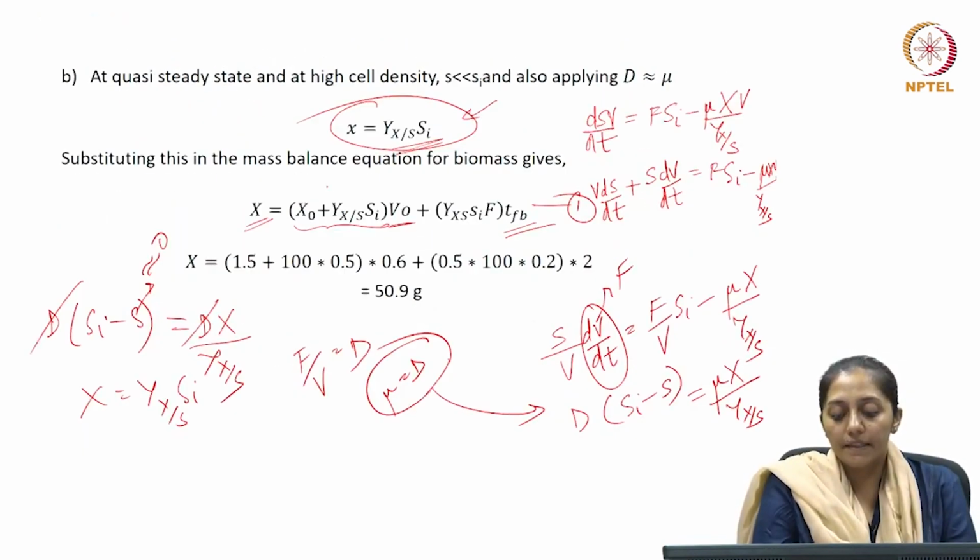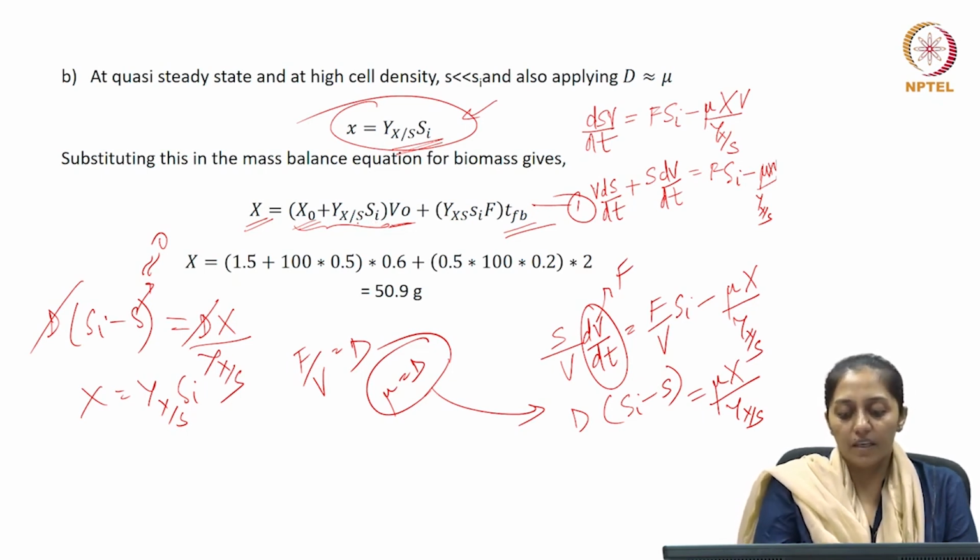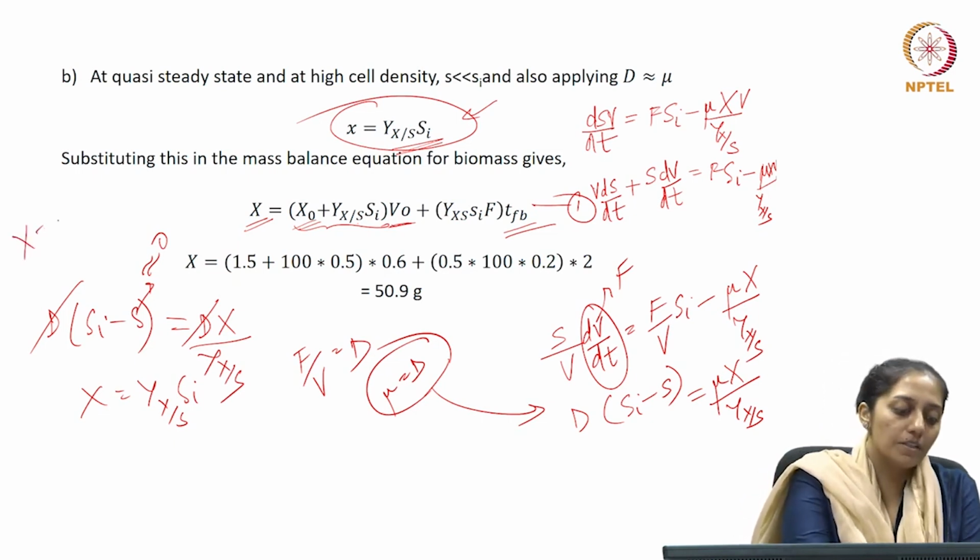So, we can determine in this batch how much biomass will be generated before it is converted to fed batch. So, X naught is the initial concentration, the starter culture, and the batch is continued till all the substrate is exhausted.